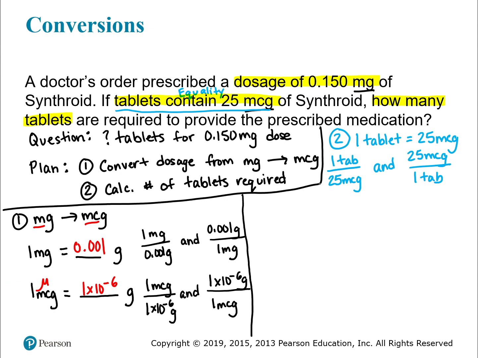Now we're going to put together the equation. We're starting with the first part of our plan, which is to convert the dosage from milligrams to micrograms.